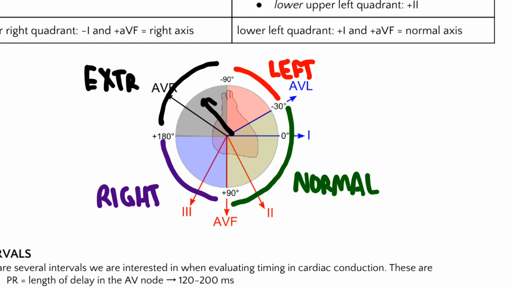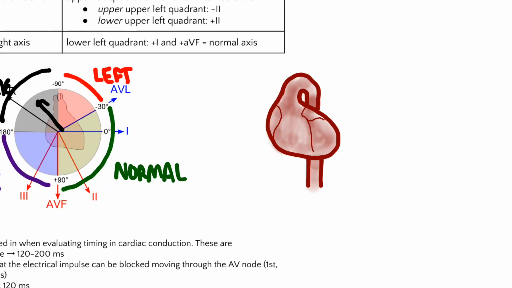It can happen in some rare cases, but we're rarely going to see that. So we want to determine: is the patient's heart mostly pointing where most people's normally are? Is it to the left of where most people normally are, or to the right? And to understand axis, we really want to think about the leads.